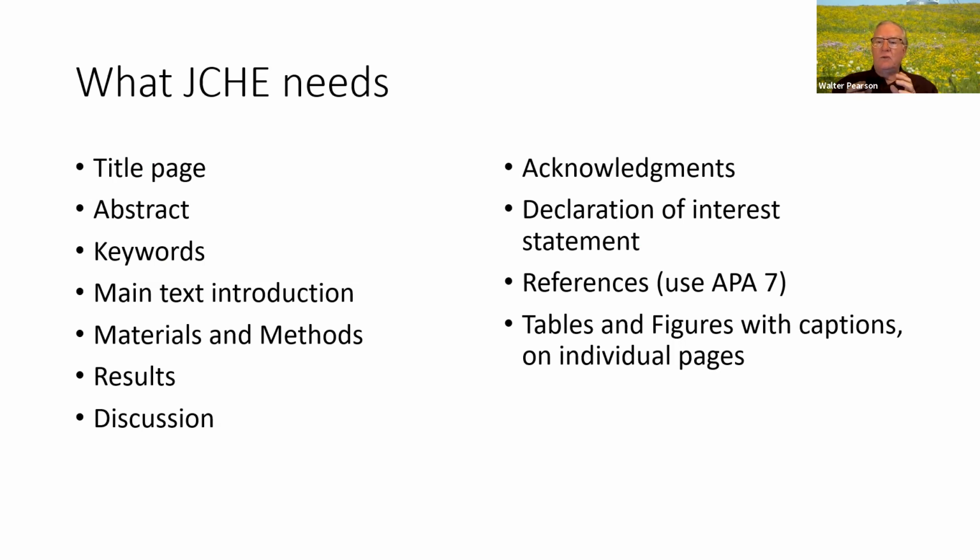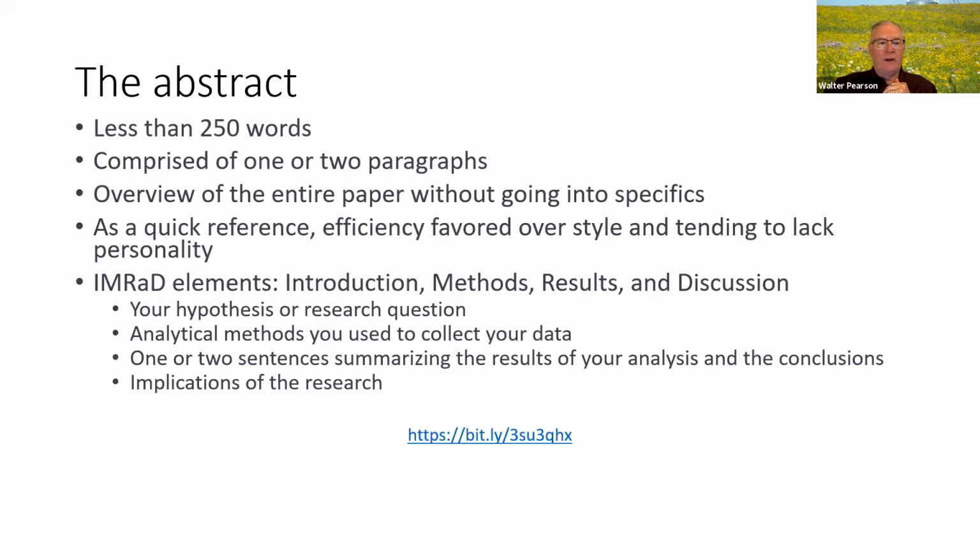The references: we do want you to use APA 7, but if you're more comfortable with something else, the publisher says that they'll conform it to APA 7. I think Catherine would argue that's not a good idea. We just need to put it in APA 7 from the beginning. And then attach tables and figures, each item on a separate page, with captions on individual pages. That's what we actually need in the documents.